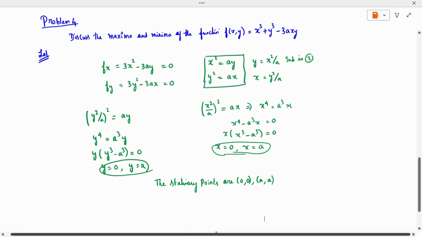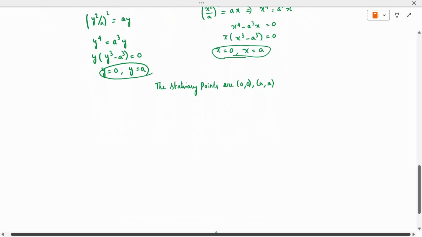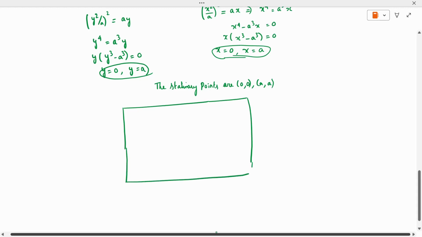Now the 2 stationary points I'm going to check whether it's a maxima or minima. Only 2 points, so easy to check. For that I need to find R, S and T. I will find out at the points (0, 0) and (a, a).